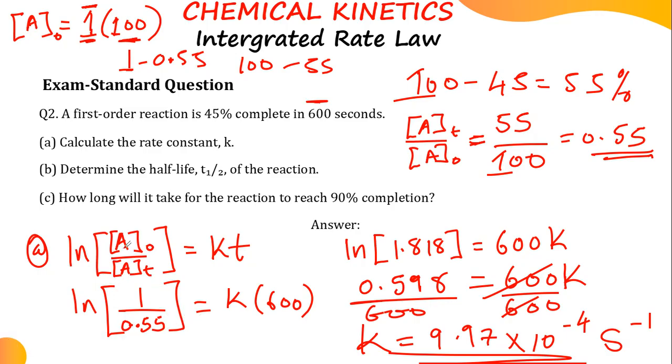No. This one is the one I explained, to say our initial concentration is equal to 1 or 100, the percentage. It depends with what you get. So for example, we're having 45. When we subtracted, we got 55 percent.